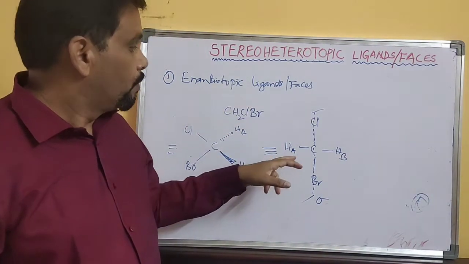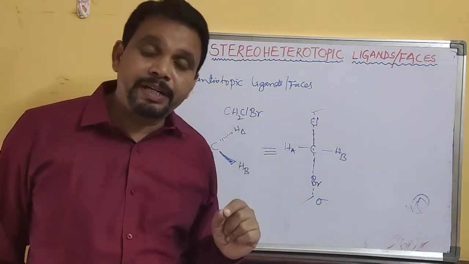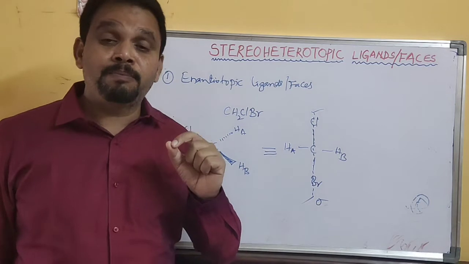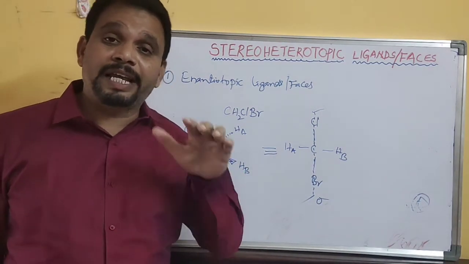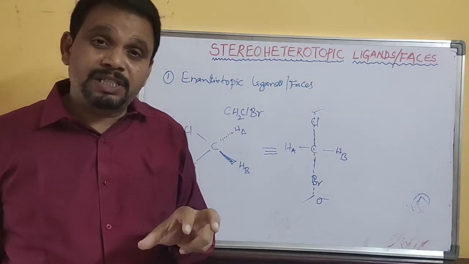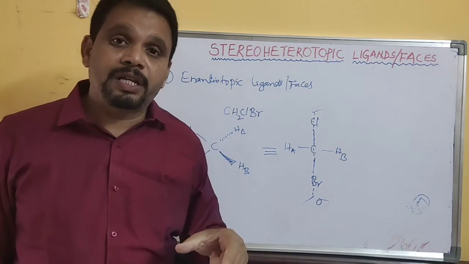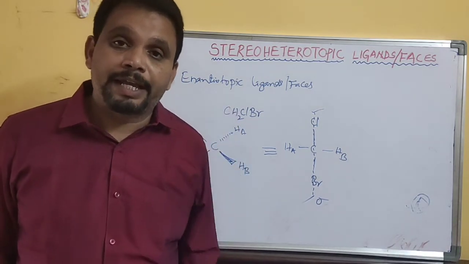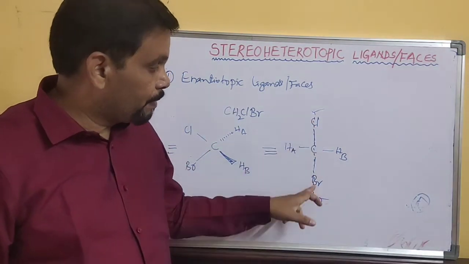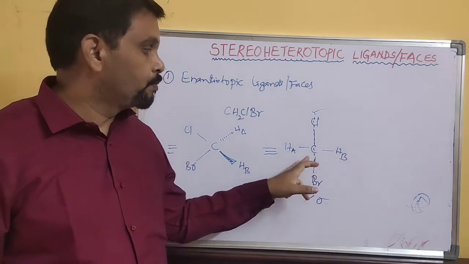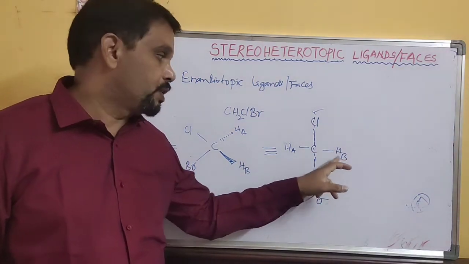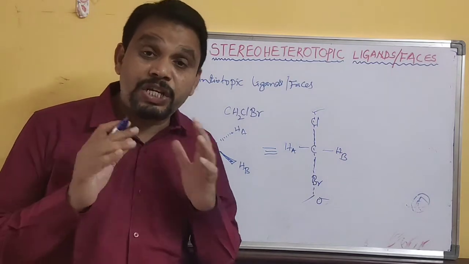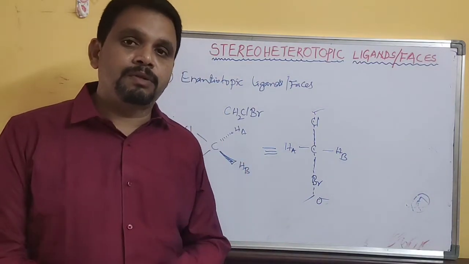So whenever a plane of symmetry exists, with the help of the plane of symmetry, the ligands are exchangeable, interconvertible. They can be considered as enantiotopic ligands. So with this plane of symmetry, these two ligands or atoms Ha and Hb are exchangeable, interconvertible.